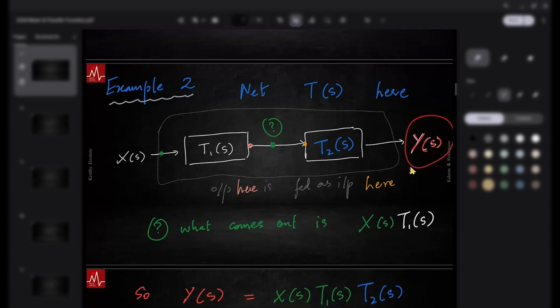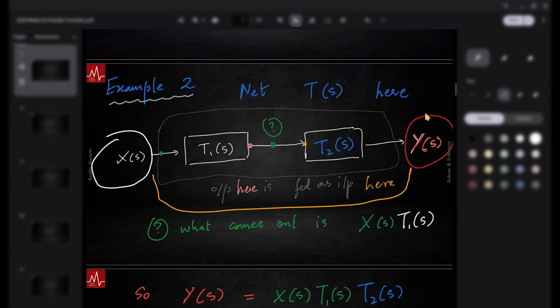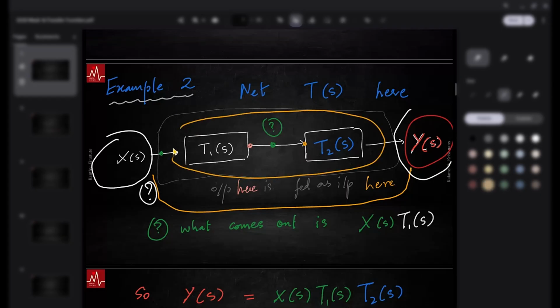The moment you put feedback, there is a comparison happening between the intended output and the actual output. What goes in here is the intended output. This is what actually comes out. Then you compare what I intend and what I actually get. Then we try to design a system such that eventually we get the intended output here.